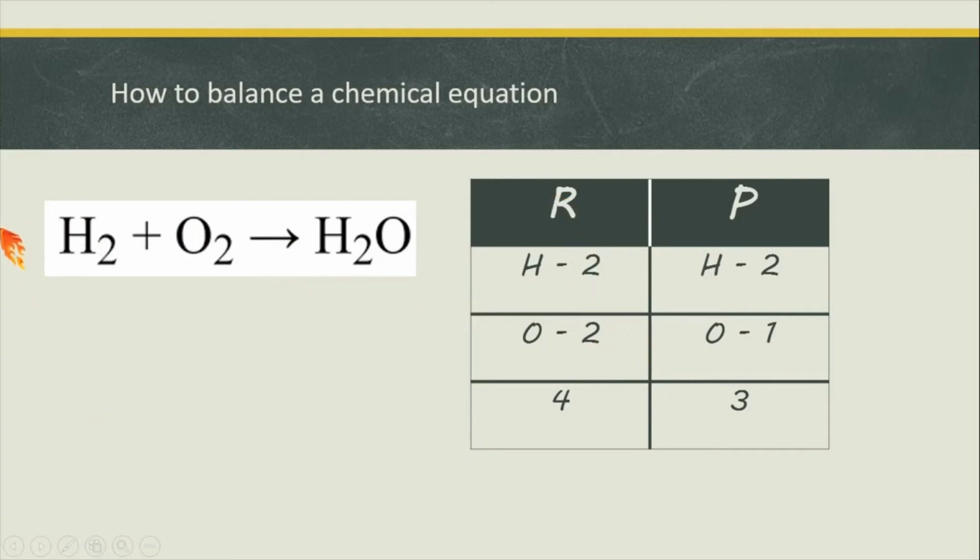So that's the atoms on the reactant side, which is 4, and on the product side there's 2 in H2, and for oxygen there's only one atom, and when there is no subscript, it is considered as 1. So that's 3. So the total is 2 plus 2 is 4, and 2 plus 1 is 3, which is not balanced.